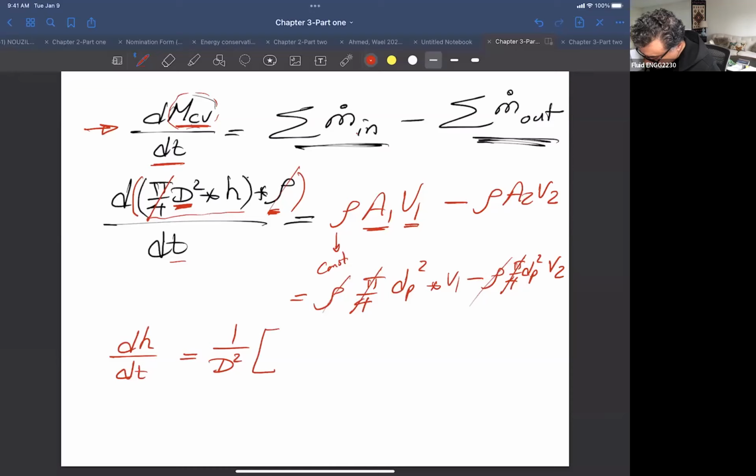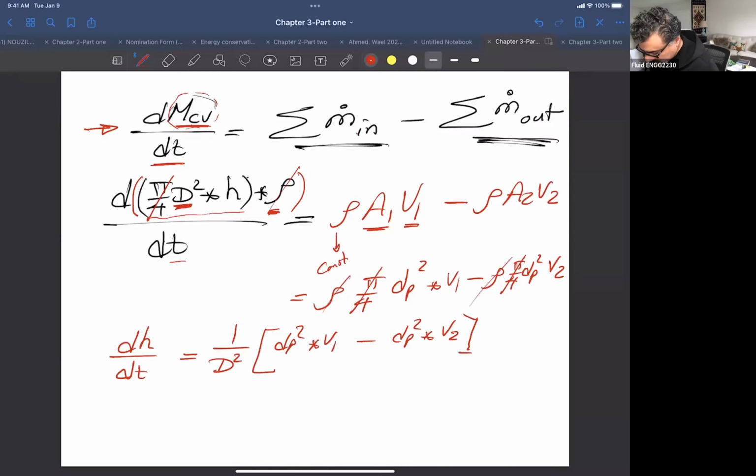And what is left here is d pipe squared times V1 minus d pipe squared times V2.